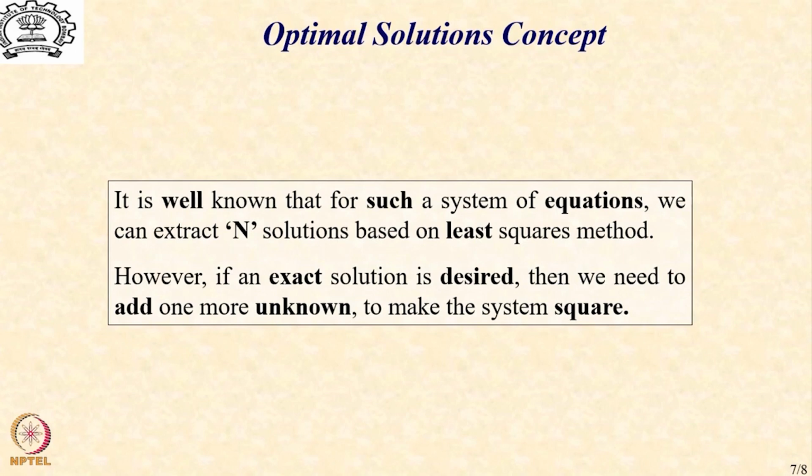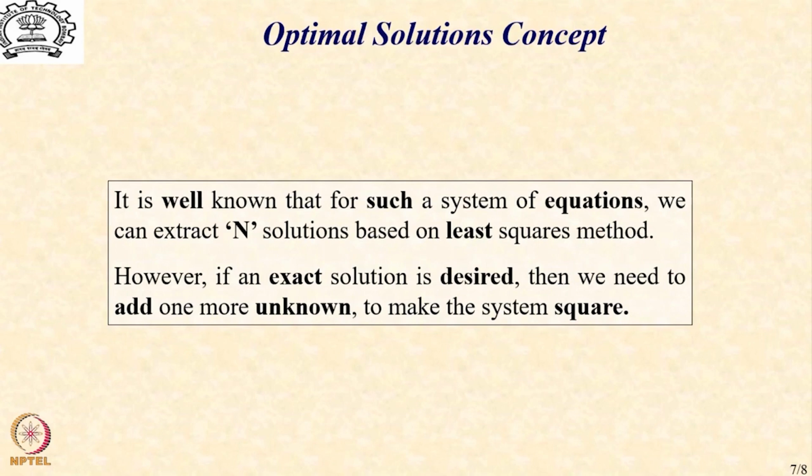But what's the issue with this? The main issue is that this is not really an exact solution. What this is trying to do is to minimize the error between the exact solution and the solution given by the least squares method, using the quadratic formulation approach, and that is why it is called the least squares method. The square of the error is a minimum, and that is the condition under which the solution is obtained.